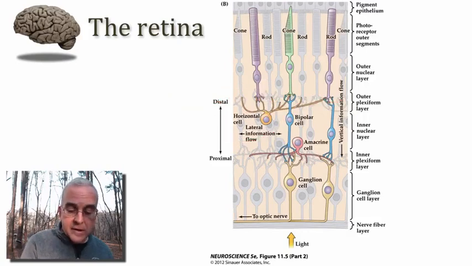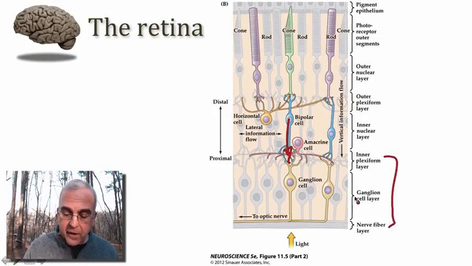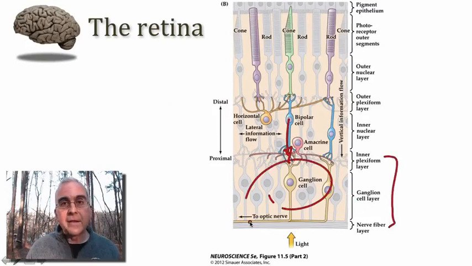Well, let's look in the inner part of the retina and encounter the 2 remaining cells that we find. As I mentioned, the bipolar cell sends signals that interact with these 2 cells, and the major cell that we find in the inner part of the retina is called the retinal ganglion cell. Now, just a word about this name.